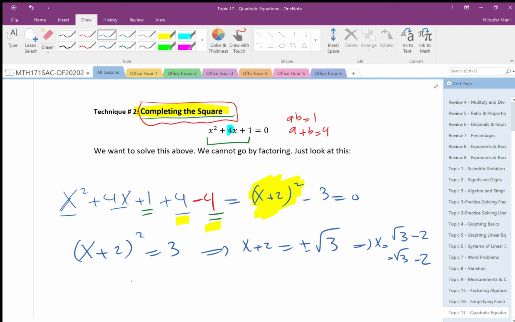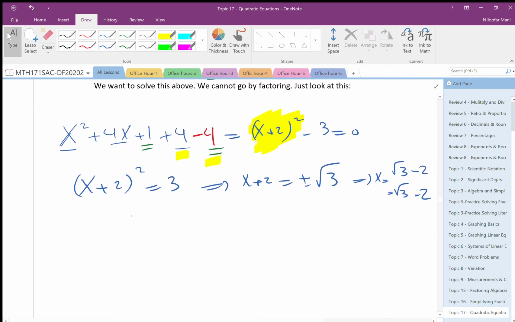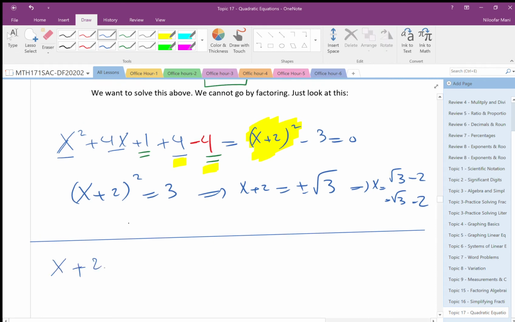So here I told you 4 and minus 4. So how do I know? Okay, look at this here. x plus 2 squared is x squared plus 4x plus 4. That's why. See, when I see 4x, I know I can add 4 because of this part.